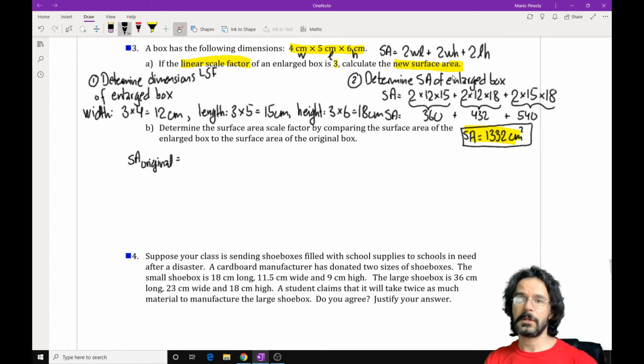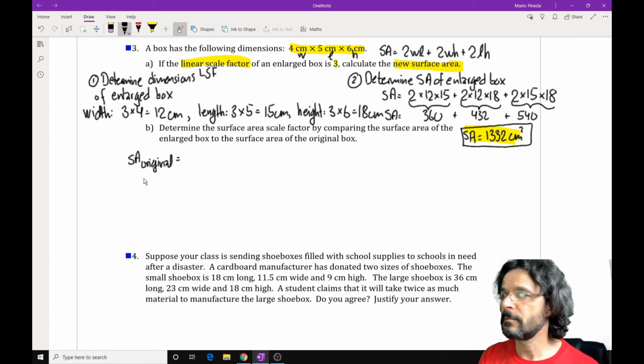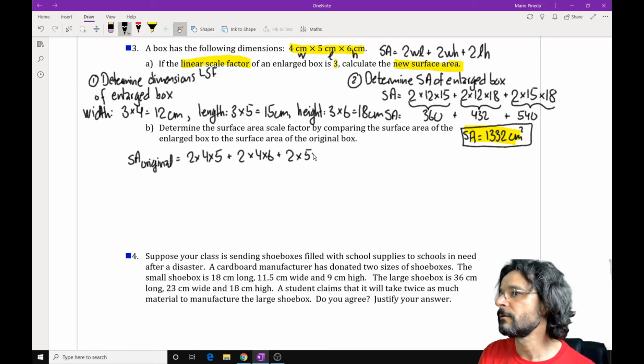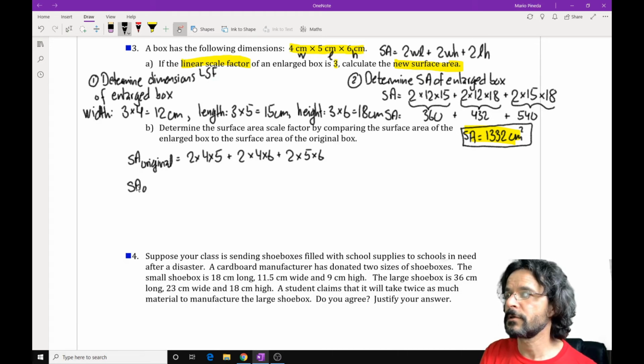And we're going to be using the same formula here. So it's going to be 2 times 4 times 5 plus 2 times 4 times 6 plus 2 times 5 times 6.